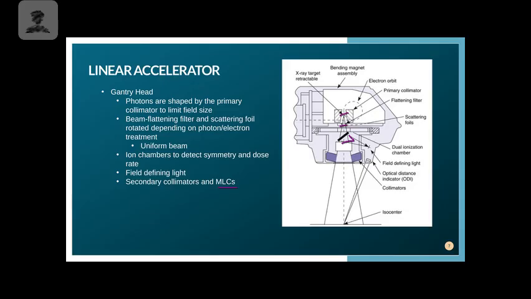Our secondary collimators, which are also referred to as our MLCs, are going to take, let's say, the 10 by 12 and cone it down even more to be the shape of an avocado, whatever you want to shape it to, depending on what the tumor shape and size is. So we will change that with the MLCs, and that's the very last thing that it's going to go through before it comes out of the gantry head.